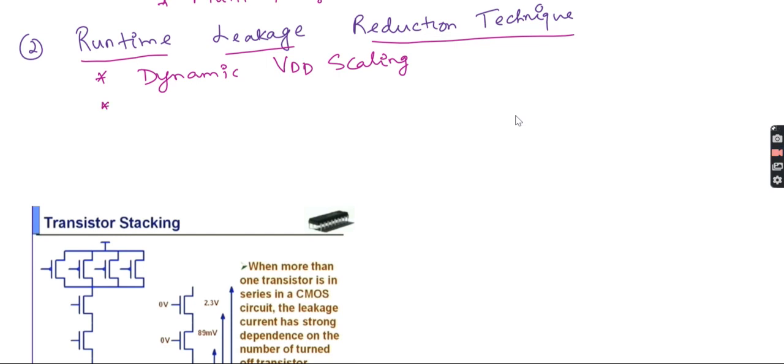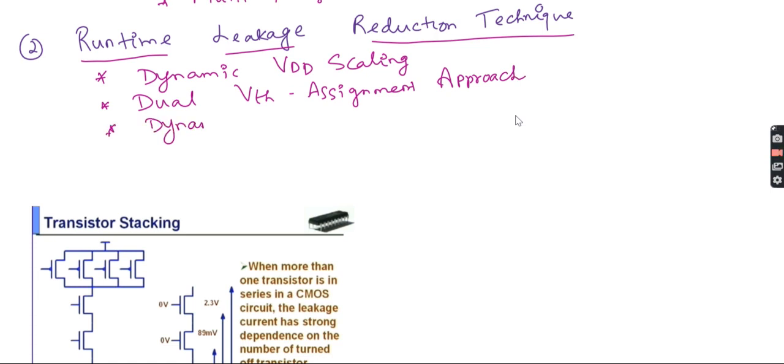The second one is the dual VTH assignment approach. The third method is dynamic threshold voltage scaling, that is VTH scaling.